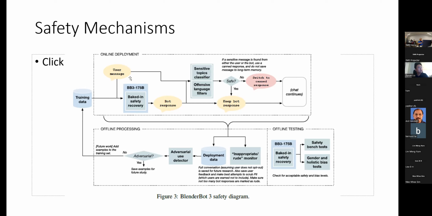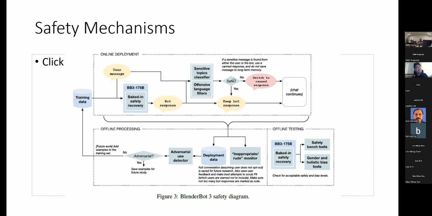So when the user sends in a message, it goes into this sensitive topics classifier and offensive language filters classifier that's been trained on known examples of offensive language and sensitive topics. So the user message goes in, and they decide whether it's safe.